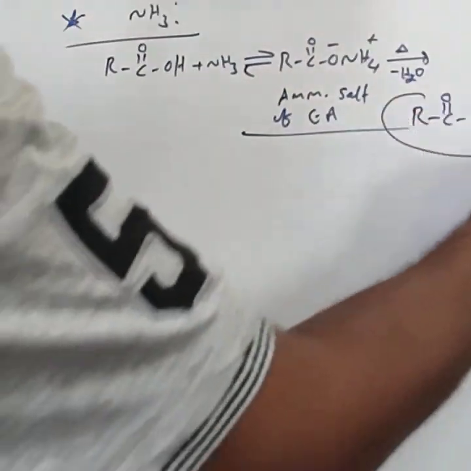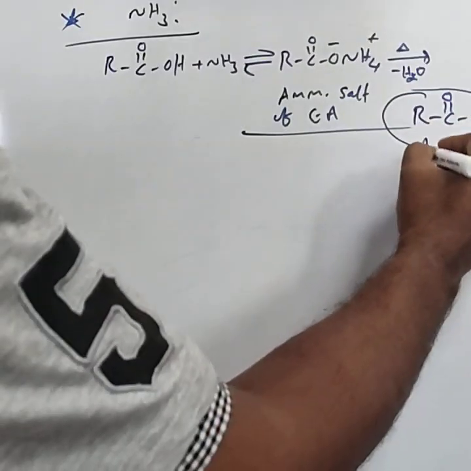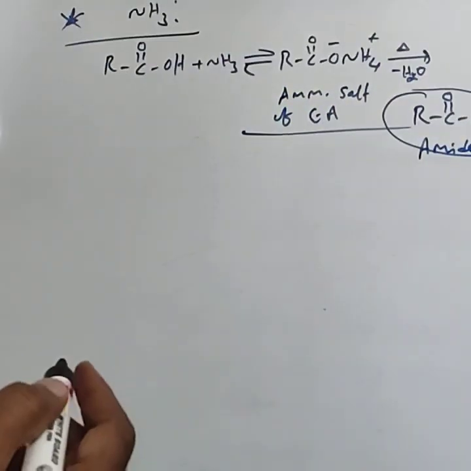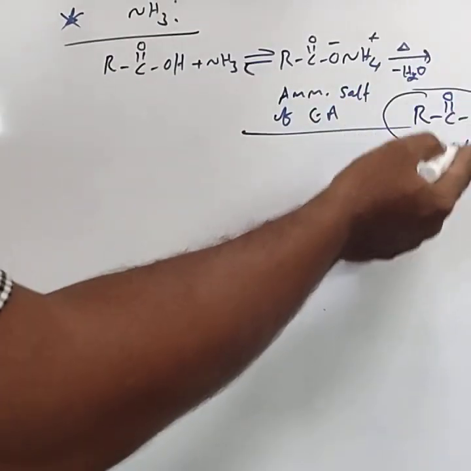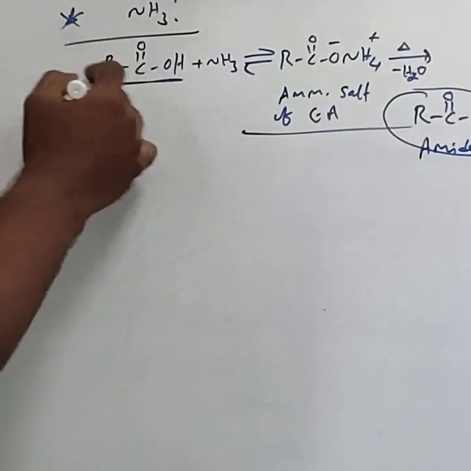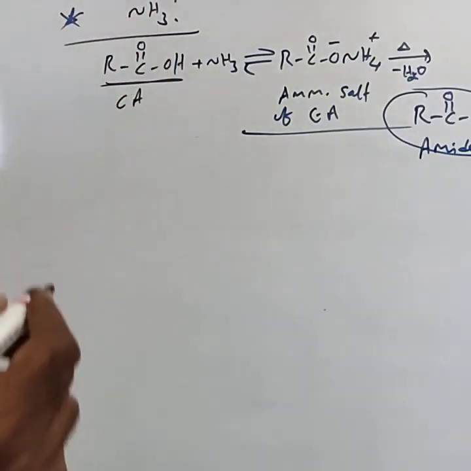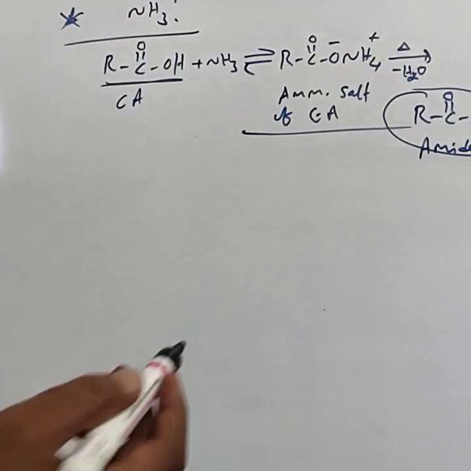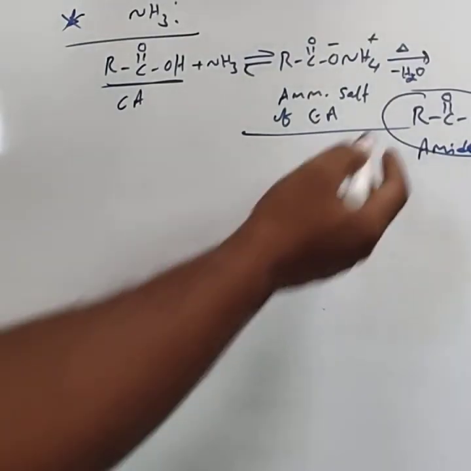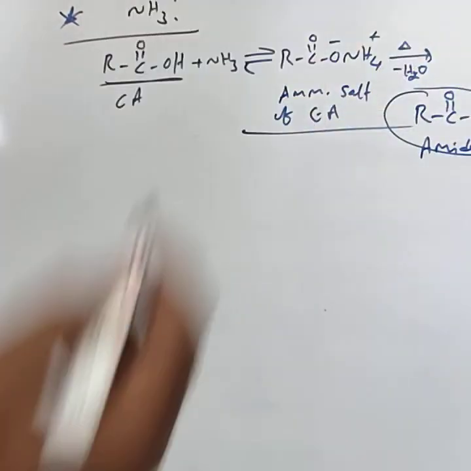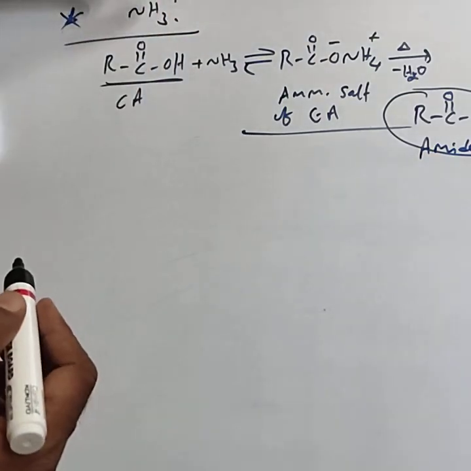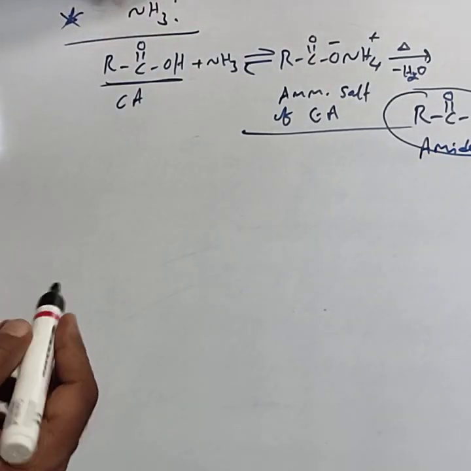The RCONH2 is commonly called the amide, acid amide, or just amide. Why is it called acid amide? Because it is derived from the carboxylic acid, hence it is called an acid amide. The acid amide formula is RCONH2. This is the general reaction for the reaction with ammonia.